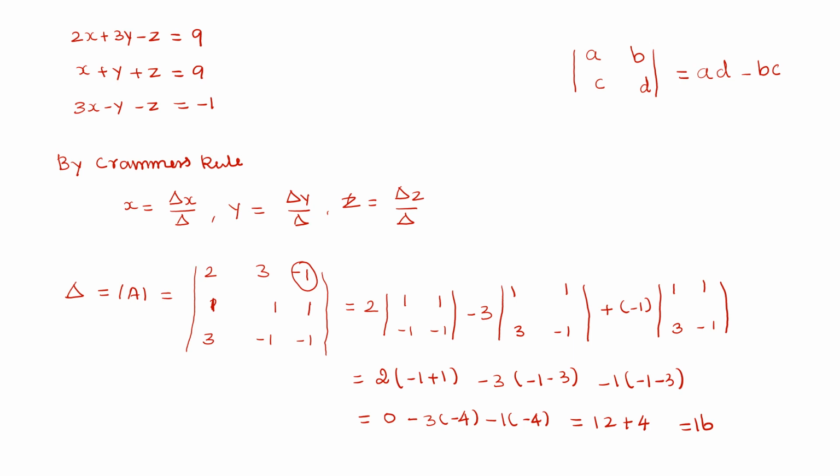So the determinant value is 16, which is not equal to 0. Therefore, we are eligible to solve by Cramer's rule.